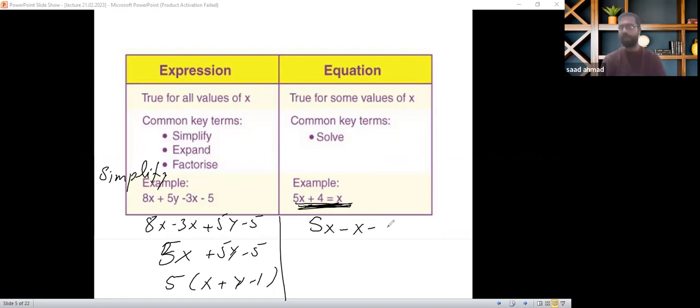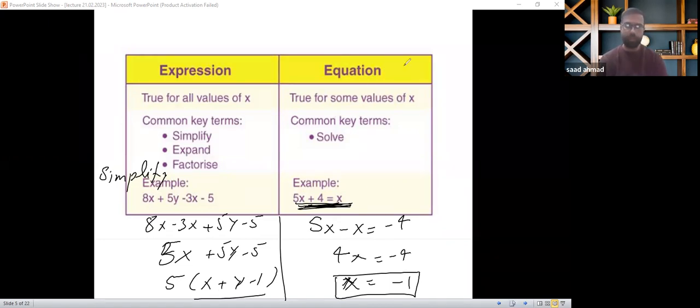We subtract the x, move the 4 to the other side, so 4x equals negative 4, so x equals negative 1. So this one is true only when x equals negative 1. But the expression is true for all the values of x and y that are possible that we can use.